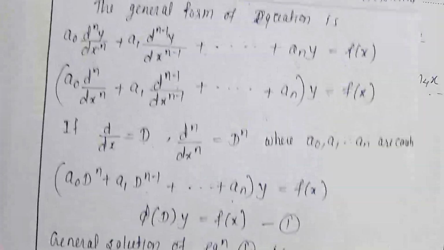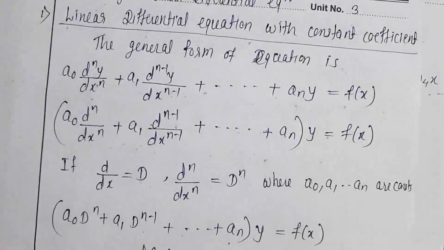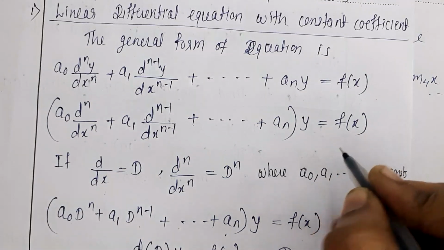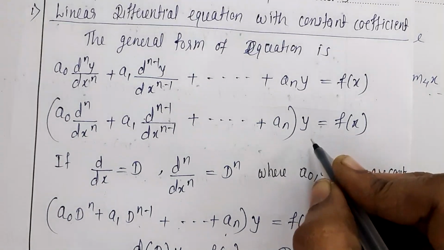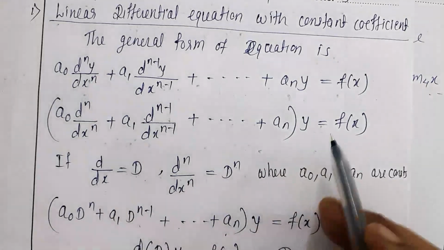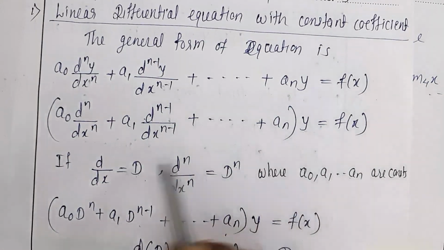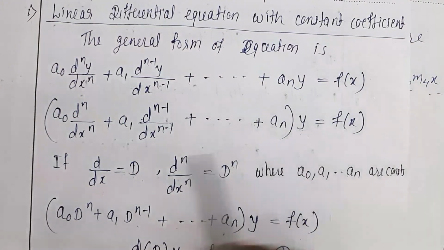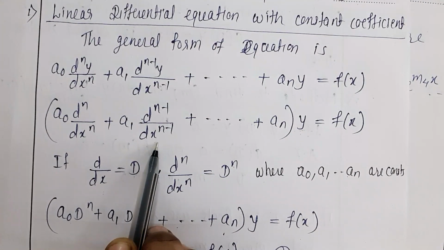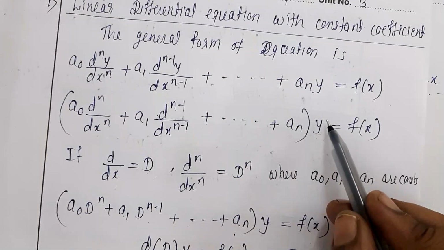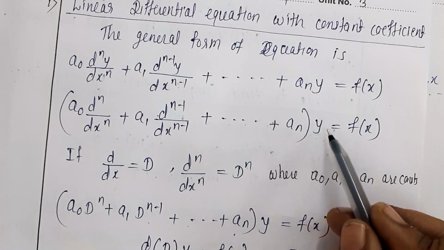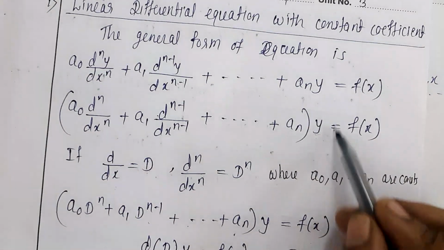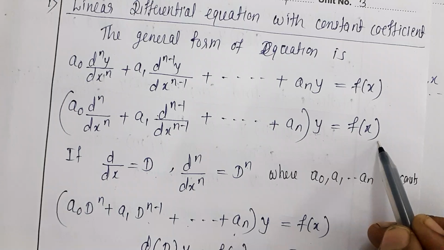First, in this differential equation there are two variables, one dependent and one independent. Here y depends on x, so y is called the dependent variable and x the independent variable. To remember this: whenever the differential equation is in terms of y and x, y is the dependent variable and x is the independent variable.